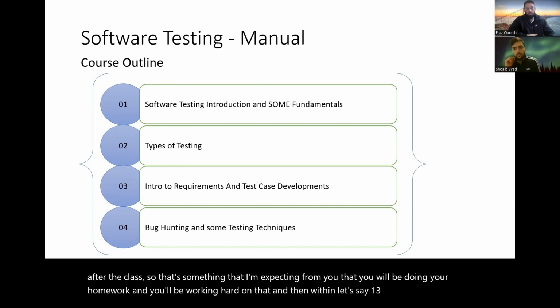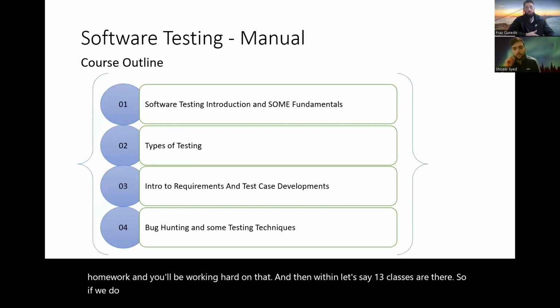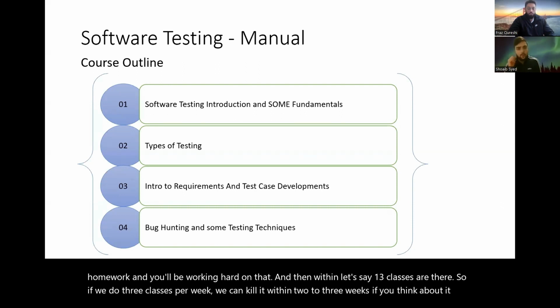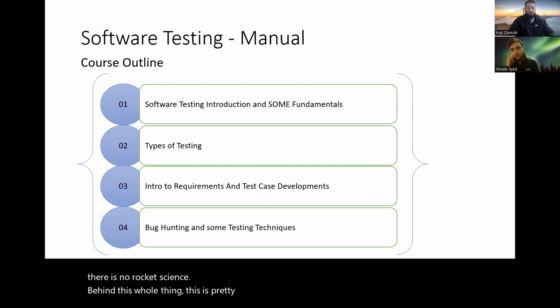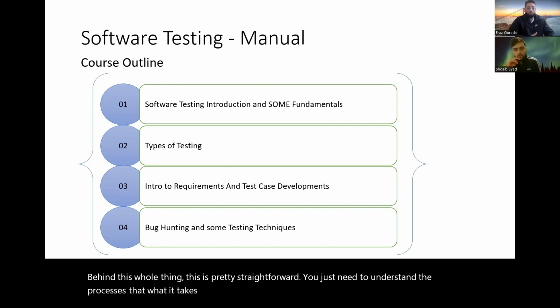So if we do 3 classes per week, we can finish within 2 to 3 weeks if you think about it. There is no rocket science behind this whole thing. This is pretty straightforward. You just need to understand the processes, what it takes to test software and what it takes to be a good software test engineer.